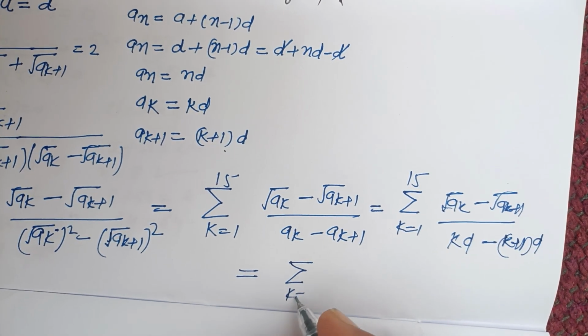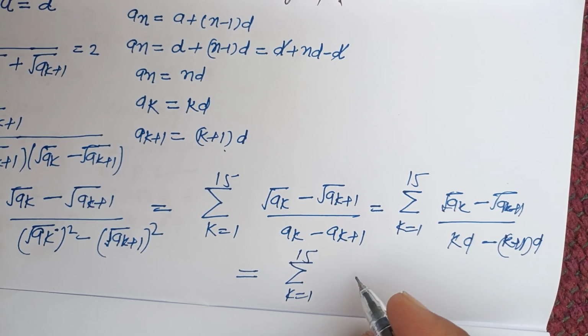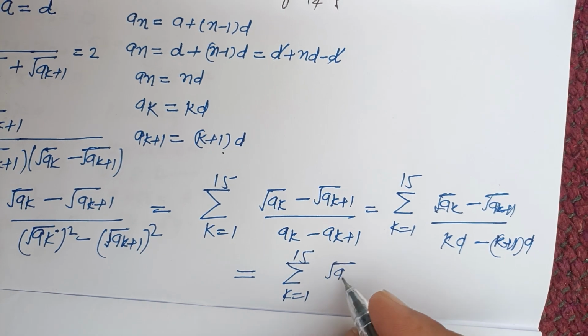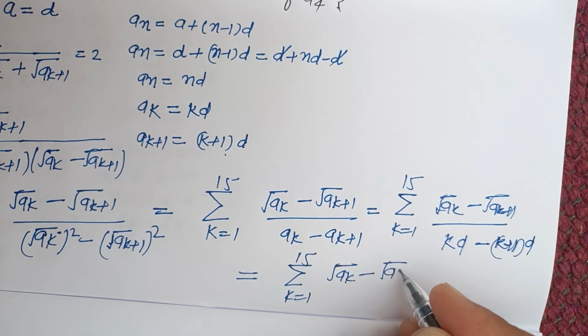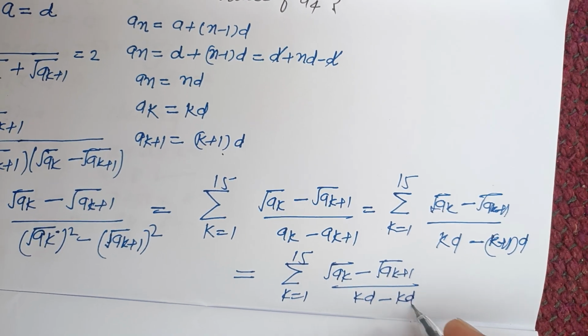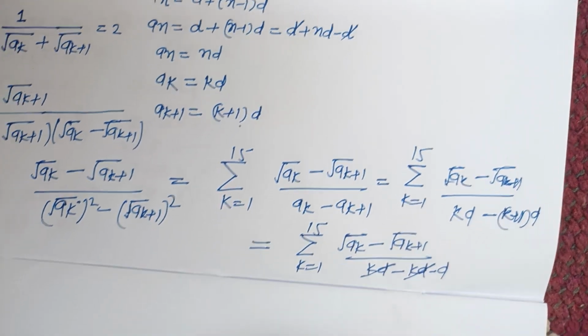So this is the sum of (root a_k minus root a_(k+1)) over (kd minus kd minus d). So this cancels out.